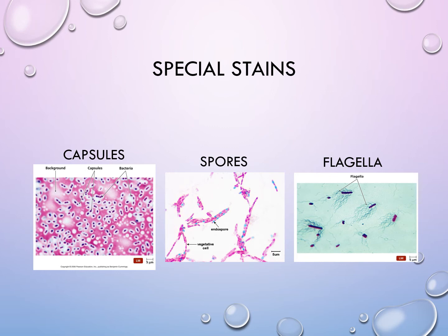So it looks pretty awesome. And then in the center here we see the spores, and you can see ones that are in pink are in their vegetative states, and then the ones that are blue are the ones that have formed the spores, and they're in their dormant state. And then lastly, you can see these little creatures here with all of their flagella.